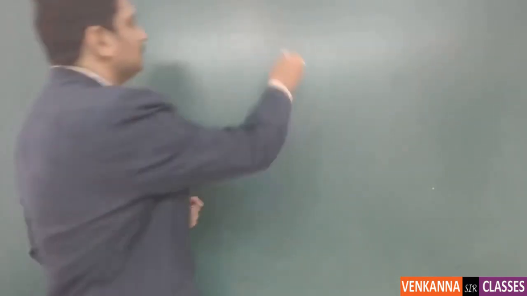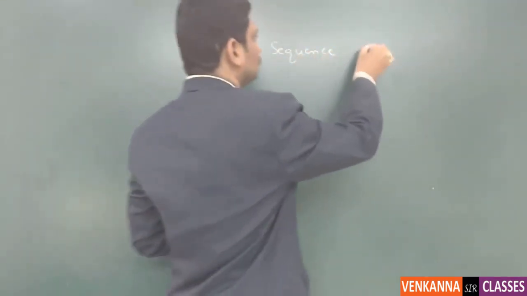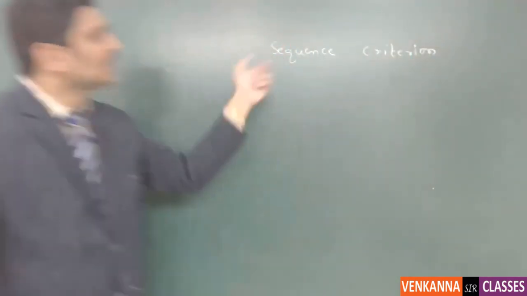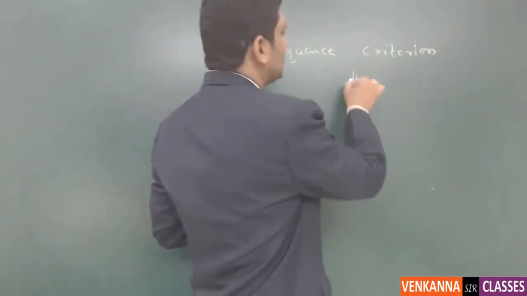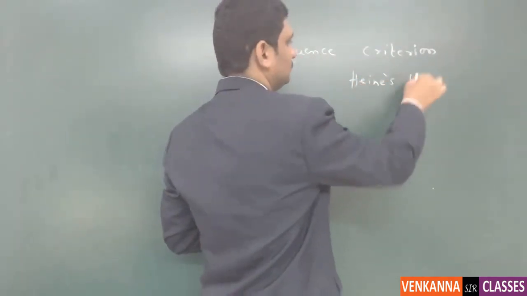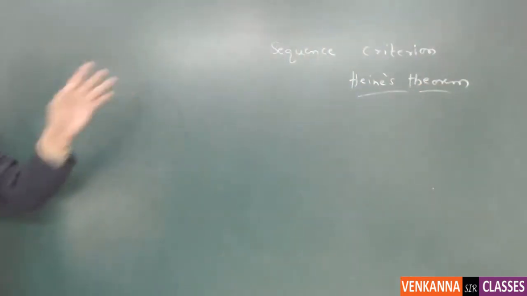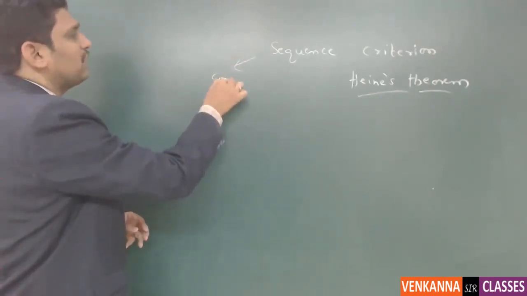So here we are entering into one interesting concept. Sequence criterion, and another name is also there. We call it Heine's theorem. Usually we remember it with the word sequence criterion. It is a very good technique to decide the continuity of the function.